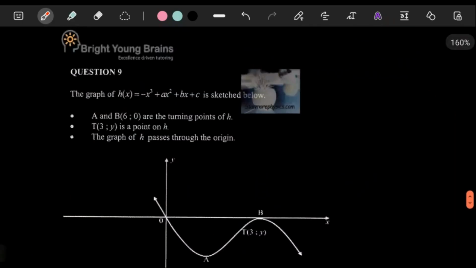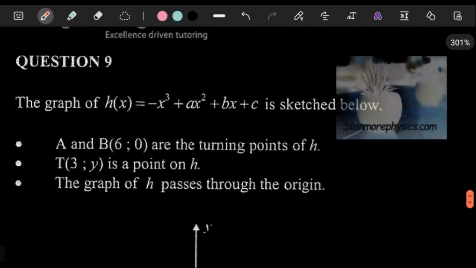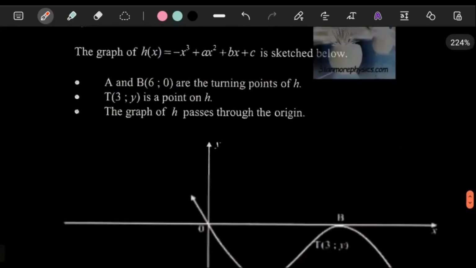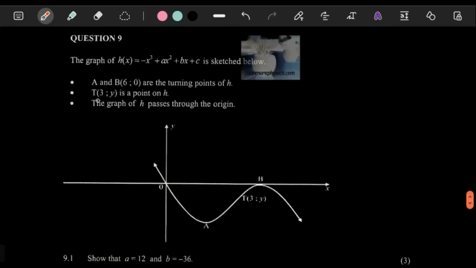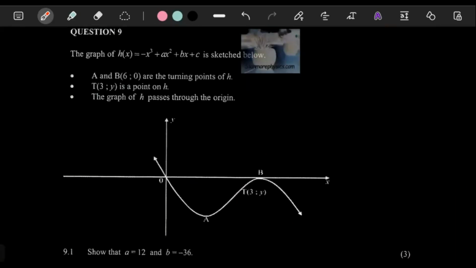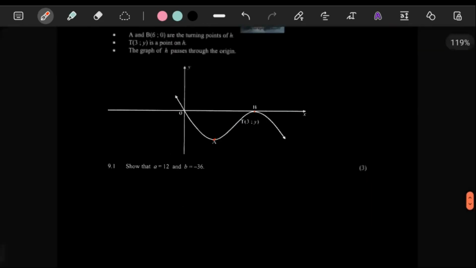Okay, question number 9. It says, the graph of h, right? This is clearly a cubic function. The graph of h of x is equal to this equation. It is sketched below. A and B are the turning points, yes, A over here, B over there.